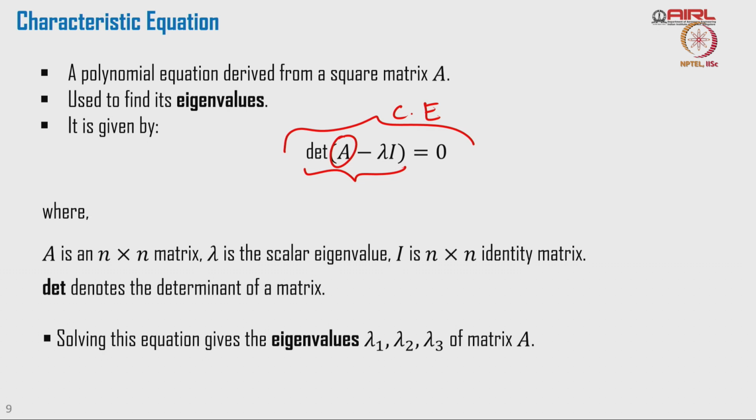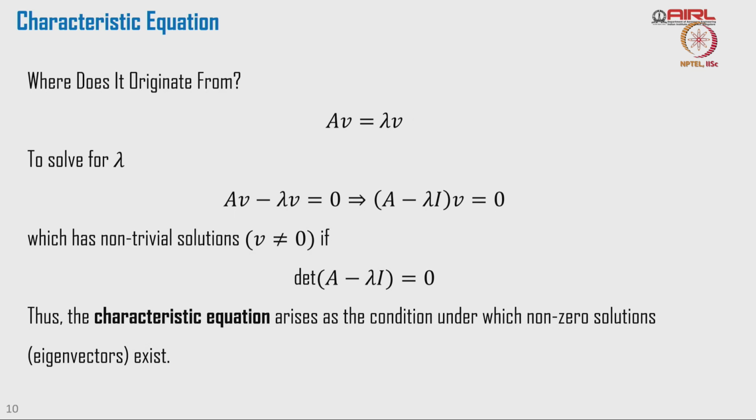Now here A is again a square matrix and I is the identity matrix, det denotes the determinant. Solving this, we will get the eigenvalues of A. And how did we get here? Remember, we had this equation AV equals lambda V, and we rearrange it to get this equation.